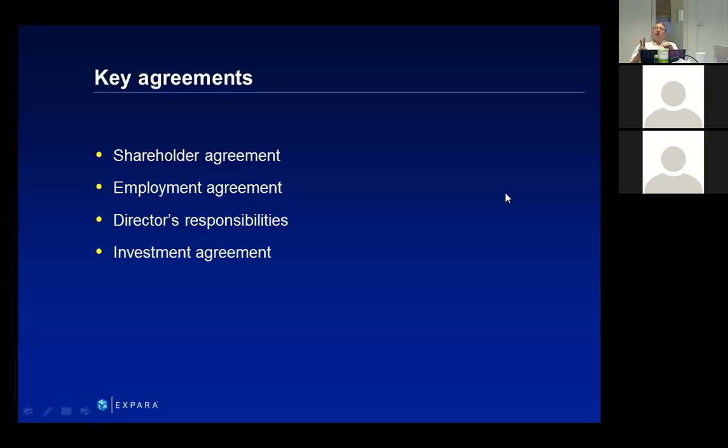Let's say two shareholders, one with 60, one with 20, decide to transfer all the IP to a new company. What happens to the 20% shareholder? What do they get? Zero. Nothing, because there's no agreement. So actually, they just lost everything. Would you be okay with that? I would not be okay with that.